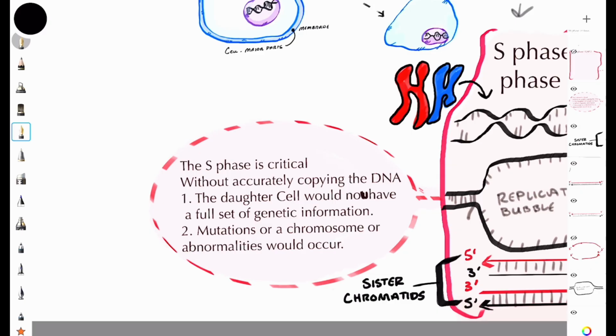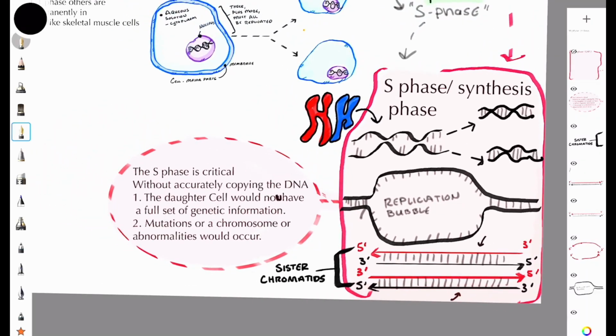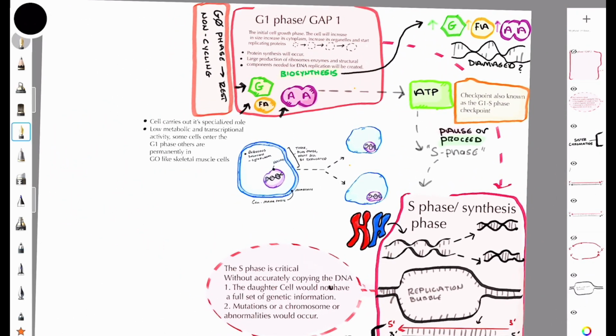And we want to make sure that no mutations have occurred on either of these daughter cell DNA strands. Okay, so at this checkpoint, we will say, okay, everything looks good. The daughter cell DNA looks good. We can now move to the next phase. Okay, so this is just simply another checkpoint.